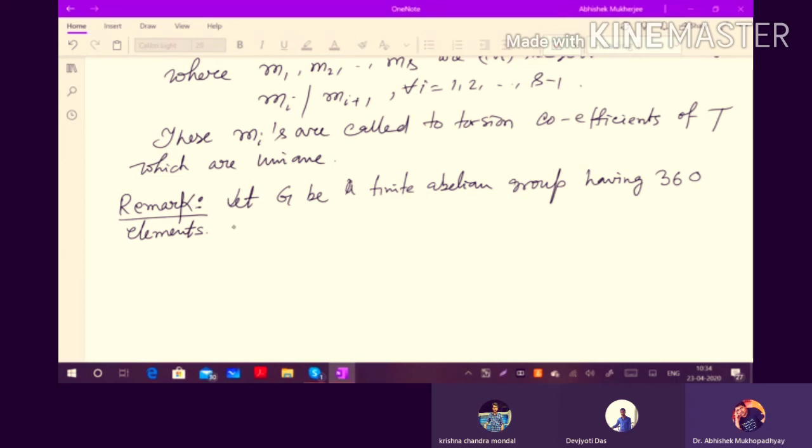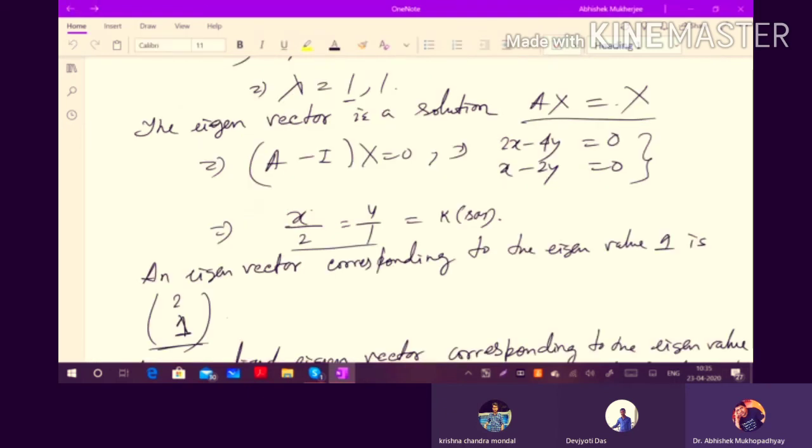Then what we shall do now, 360 can be decomposed as 2 cube cross 3 square cross 5.